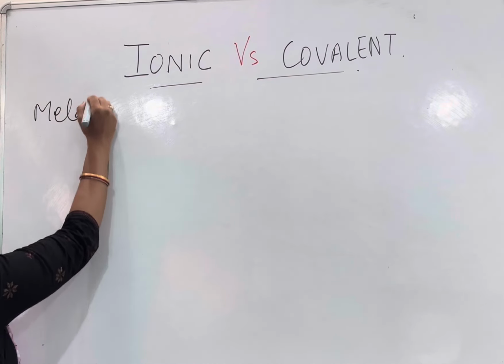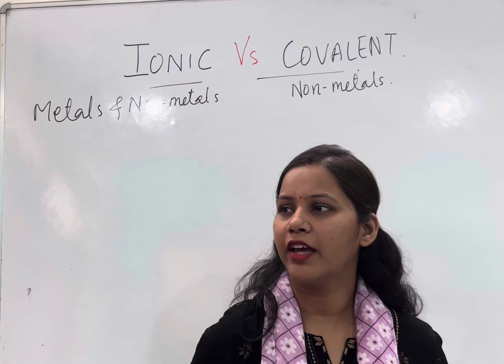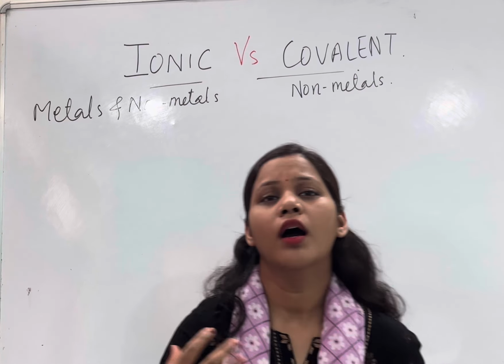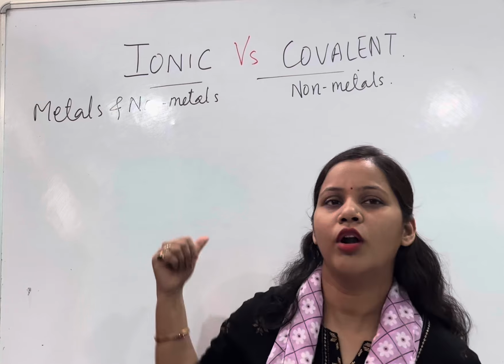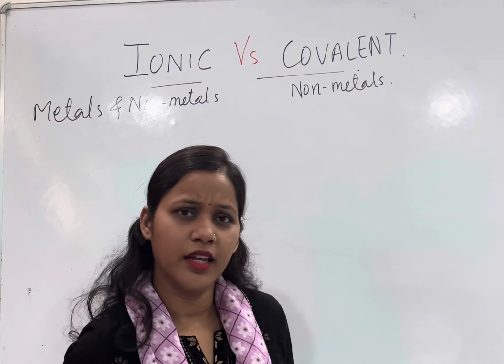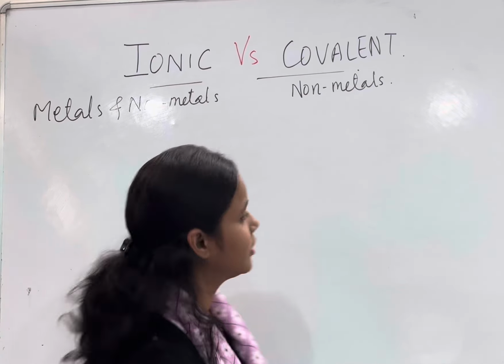Okay, now you might have studied in your classes, what is the reason why anybody will want to have a bond? What is the need to form a bond? Is there any need? If there is no need, then a bond should not be formed. There is a need. What is the need? Metals and non-metals bond with each other so that they can complete their octet.